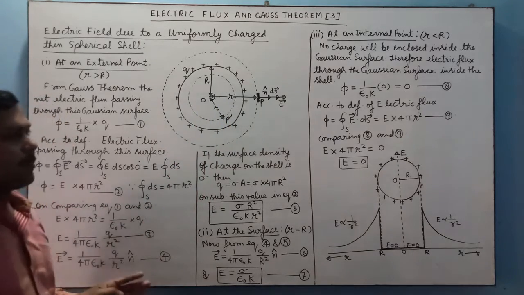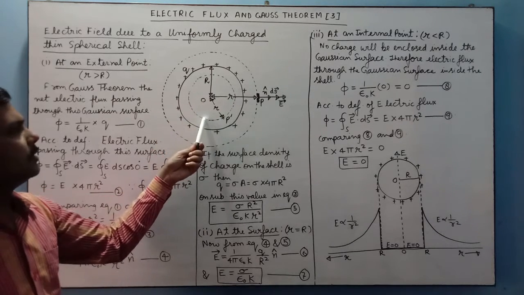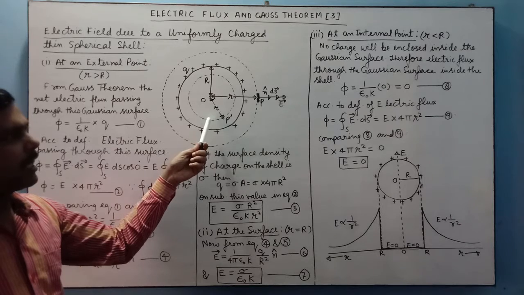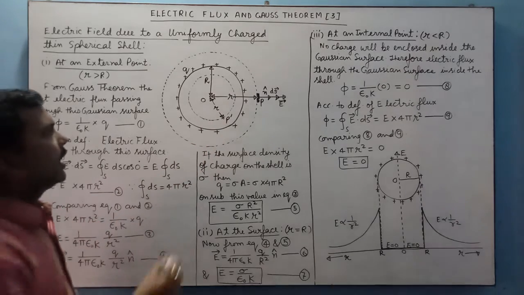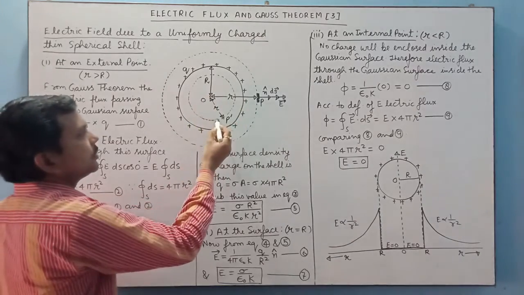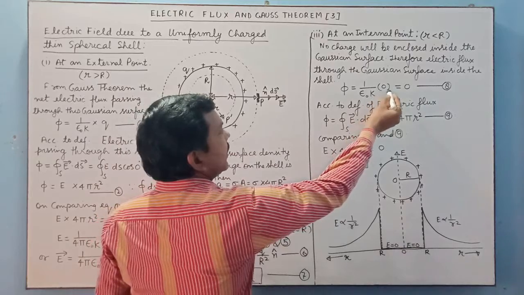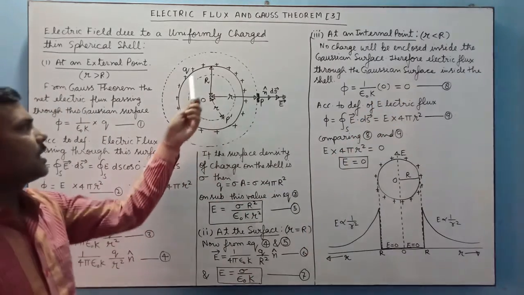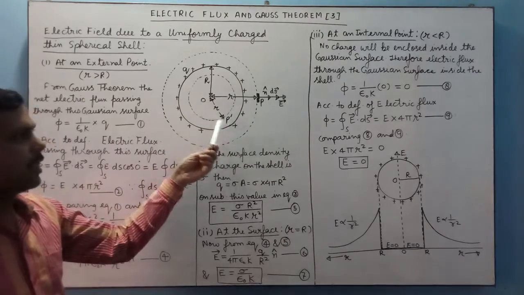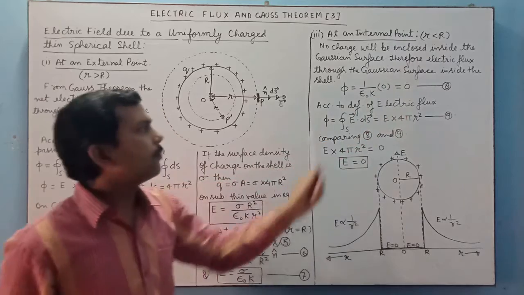Now we will determine the electric flux passing through this Gaussian surface both by definition and by Gauss theorem. First we will use Gauss theorem. So electric flux passing through this surface phi is equal to 1 upon epsilon 0 k into q, and here no charge is lying inside this Gaussian surface, so q is 0, so electric flux will be 0.